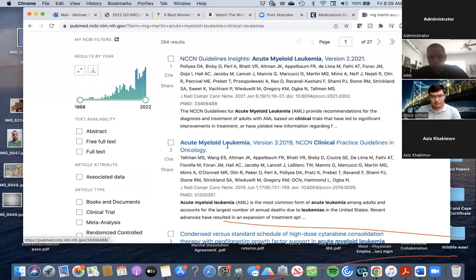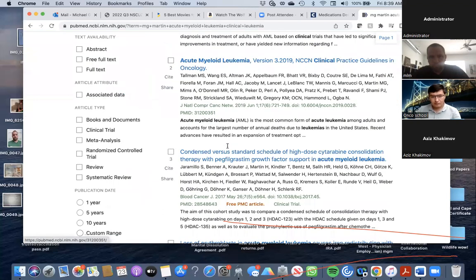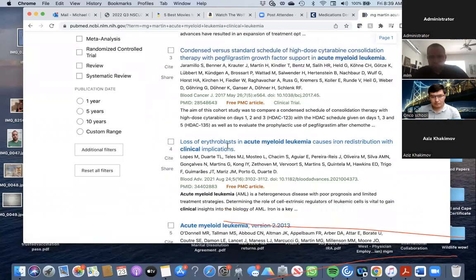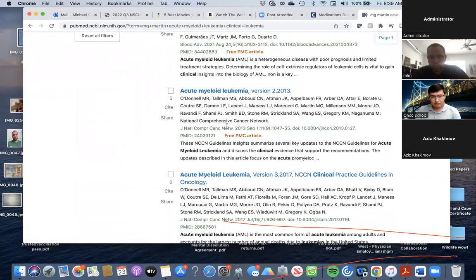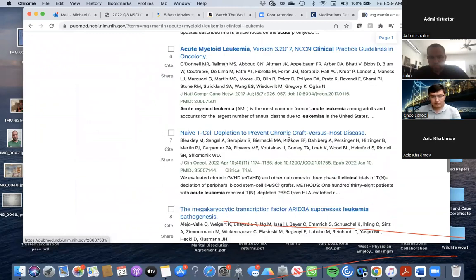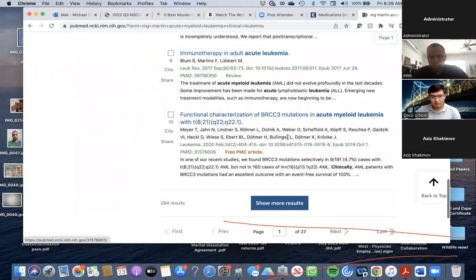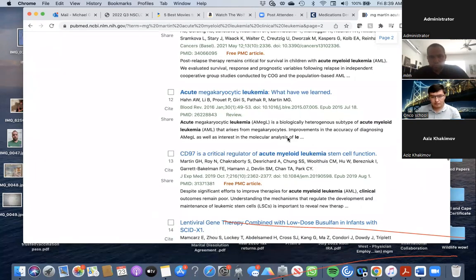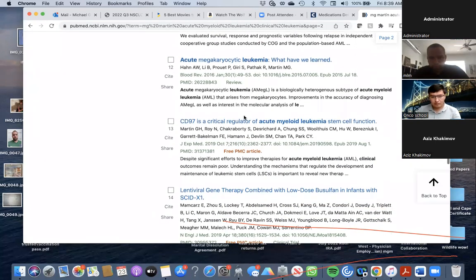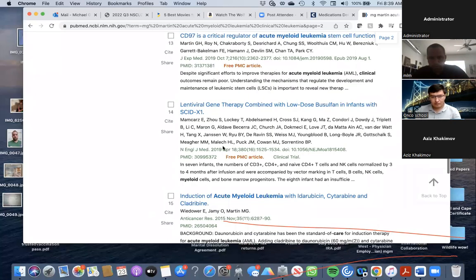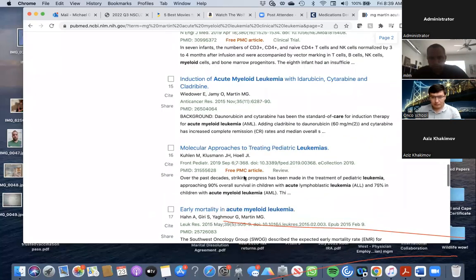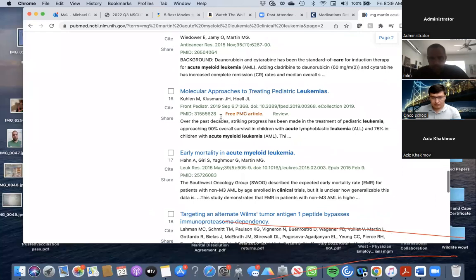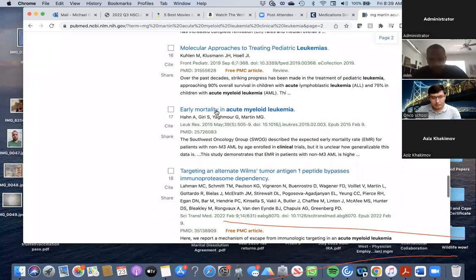I will find it after the phone call. So these are some of my papers, this is me, this is in Leukemia Research.